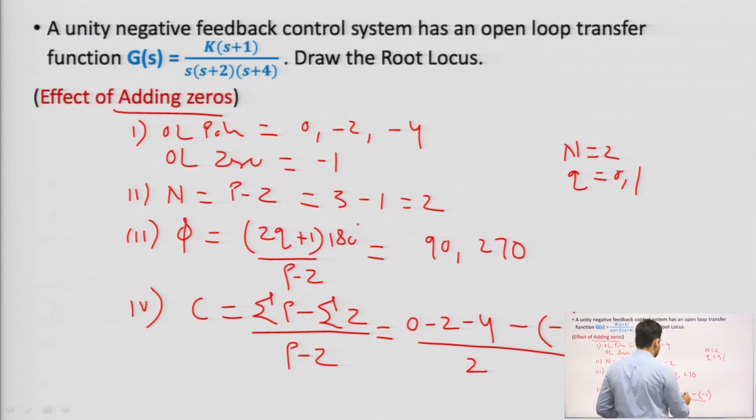This gives you minus 5 by 2, which is minus 2.5. So from minus 2.5 we will draw the angles of 90 and 270. Okay, we will see this in our next step.